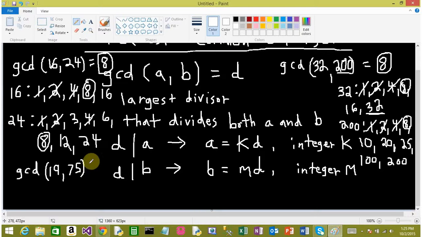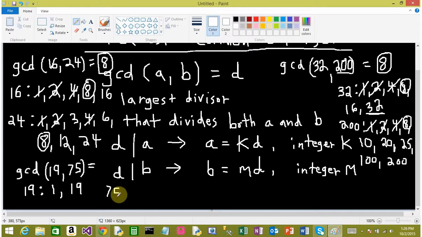We're going to find the greatest common divisor of those two numbers. So we're going to list out the divisors for 19. And 19 is a prime number, so the only divisors are 1 and 19, which is pretty easy.